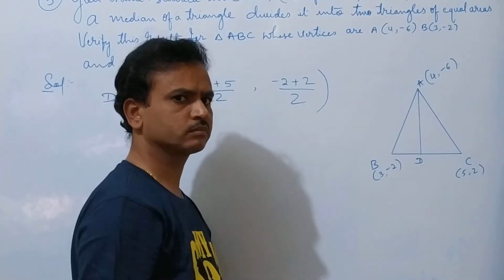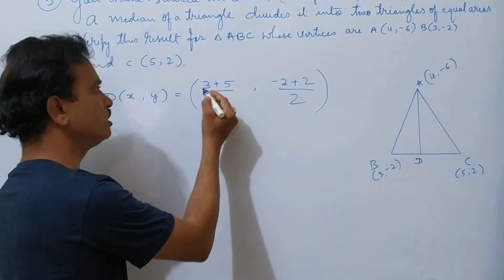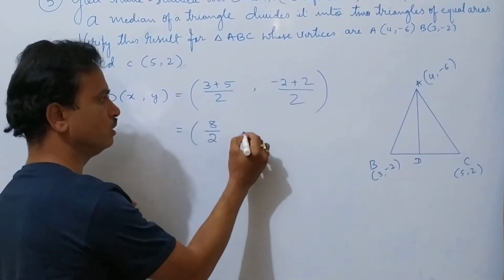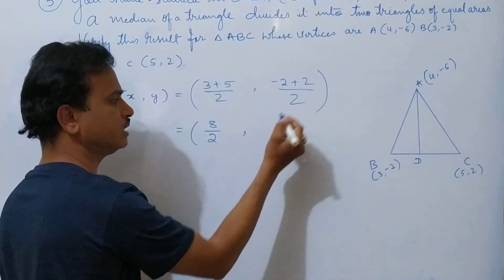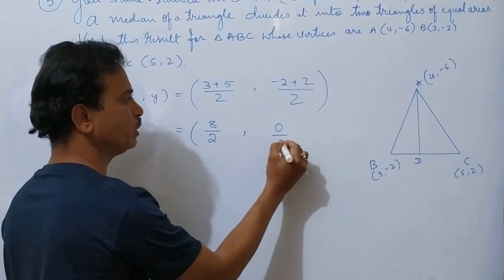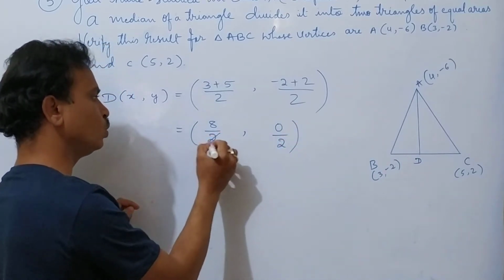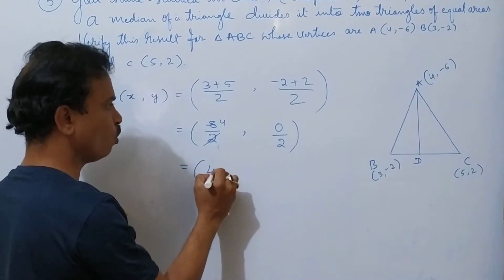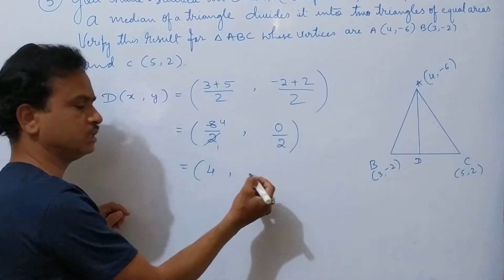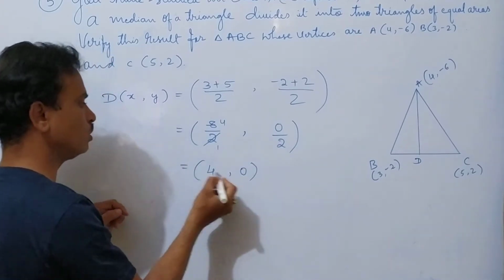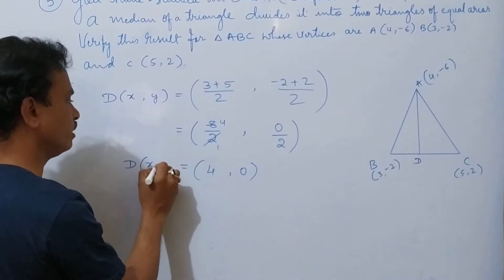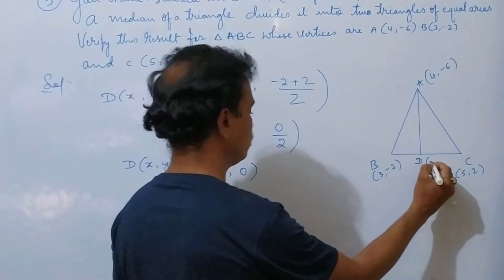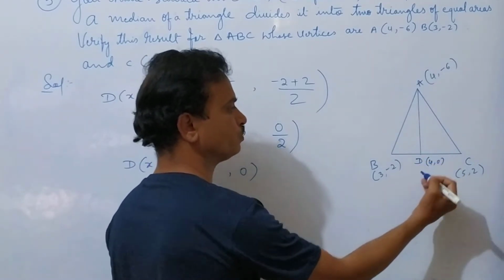Now 5 plus 3 is 8 divided by 2. Then -2 plus 2 cancels, that means 0 by 2. 2 4s are 8, so that is 4, and 0 by any number is 0. Now we got the coordinates of point D, so you can take (4, 0).